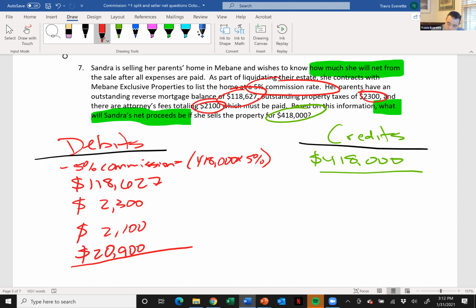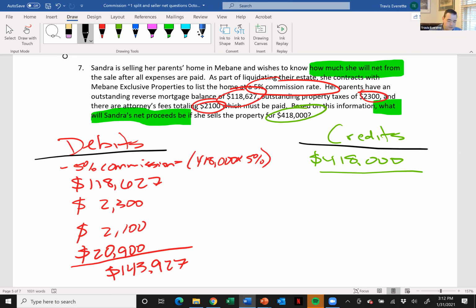All right, I come up with 143,927. But I'm going to check it again. 118,627 plus 2,300 plus 2,100 plus 20,900. 143,927. I got the same number.